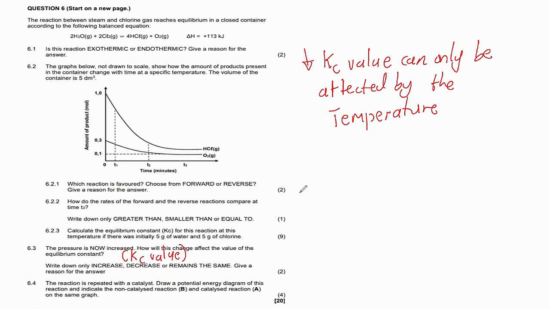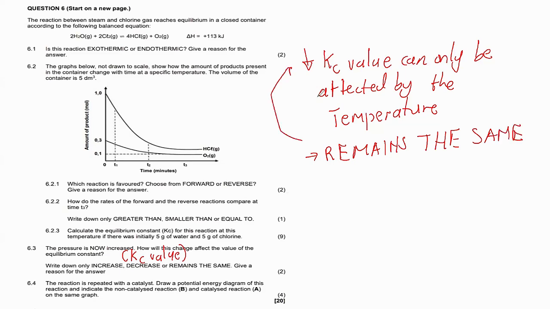So our solution for that one should straightforwardly be: remains the same. And then our reason, we have our reason right there: Kc value can only be affected by the temperature. Then you are done.